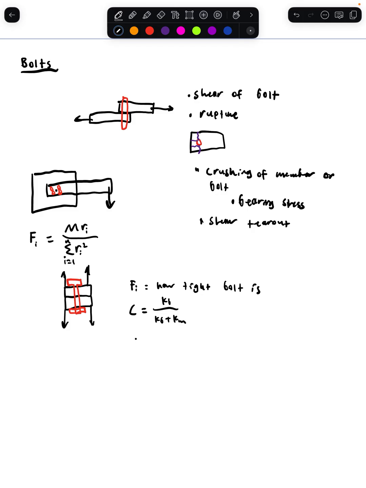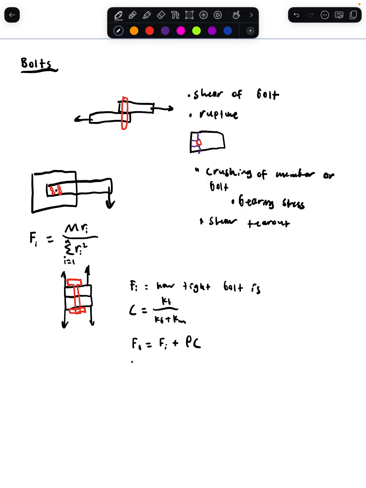And then the total load in the bolt, or call it F, the resultant load, is equal to your preload plus the part of the applied load that is carried by the bolt, and that's going to be that applied load times your joint constant.